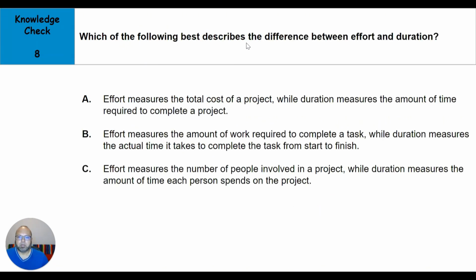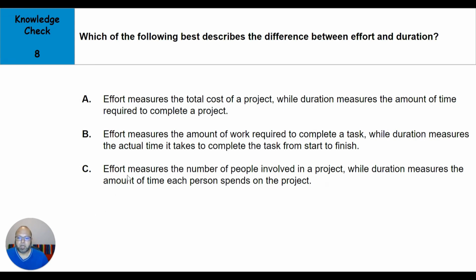Which of the following best describes the difference between effort and duration? A. Effort measures the total cost of a project, while duration measures the amount of time required to complete a project. B. Effort measures the amount of work required to complete a task, while duration measures the actual time it takes to complete the task from start to finish.